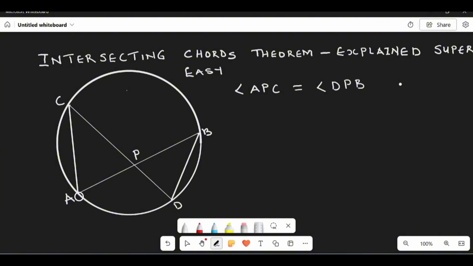And also angle ACP is equal to angle DBP because they are angles in the same segment of the circle.